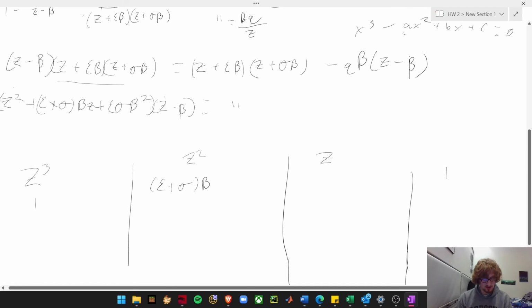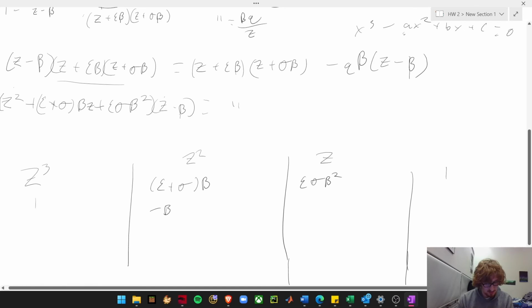So now we're going to have our z. So we'll have epsilon sigma beta squared times z, and then we'll do the same thing with our negative beta. So with our z squared, we're going to have negative beta times z squared.